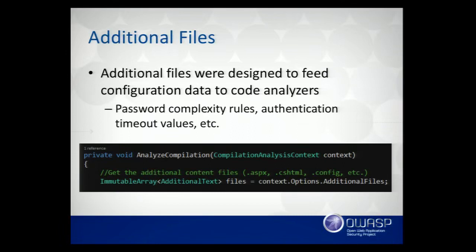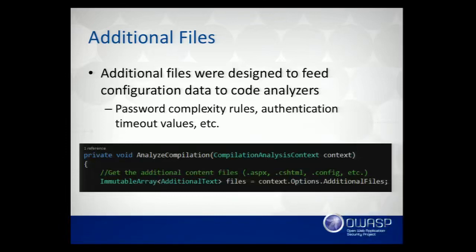So where some people may give up, I am a hacker by nature, and I said, well, there's got to be a way to make this work, right? I'm not going to give up that easily. So I looked into the compilation action, and I get this object called additional files, which are these other files, non-code files. Now, what these were intended to be is, remember I mentioned it'd be cool if I had a JSON file that let you set your own password rules and some of those things, your session timeout values.